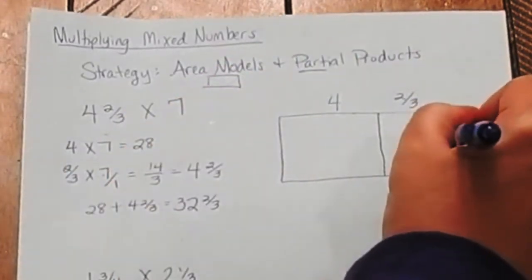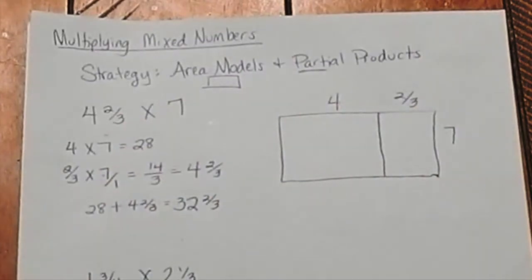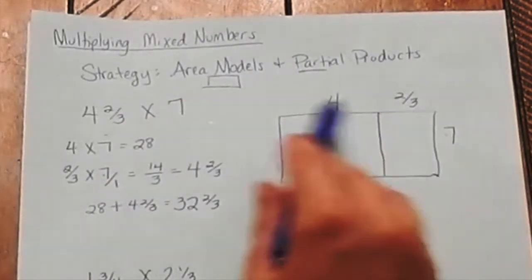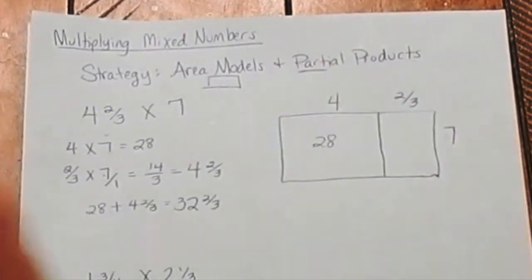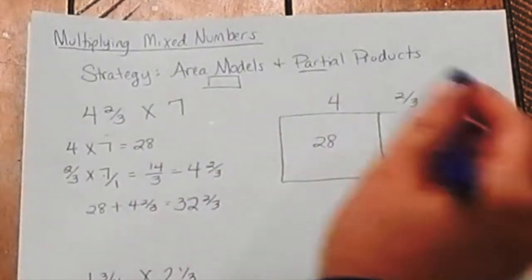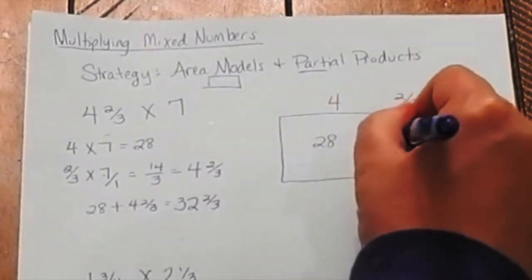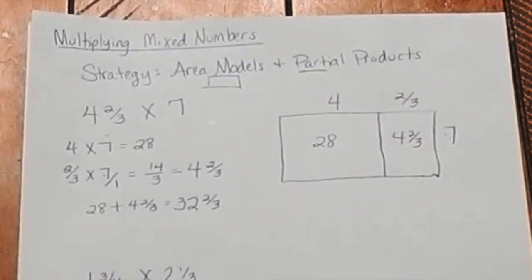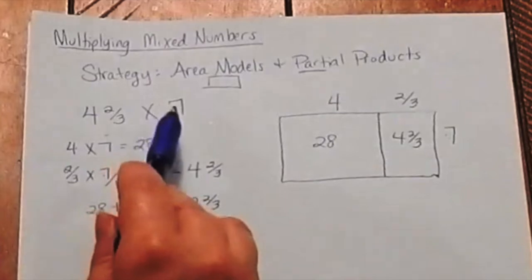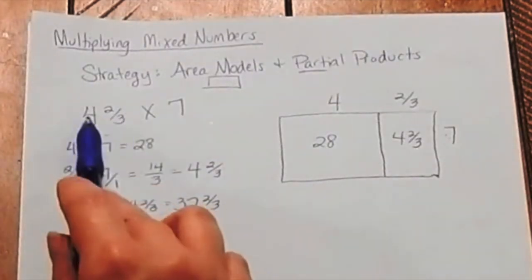And 7 doesn't have a fraction next to it, so I can just go ahead and mark it as 7. So 7 times 4 was the 28. 7 times 2/3, well, remember that was 14/3, which is the same thing as 4 2/3. And then you add them up together, and you get 32 2/3. So that's how you do it when you have to multiply a whole number times a mixed number.